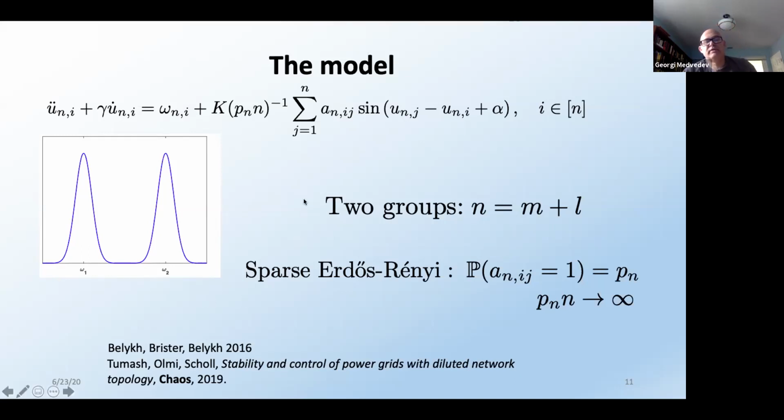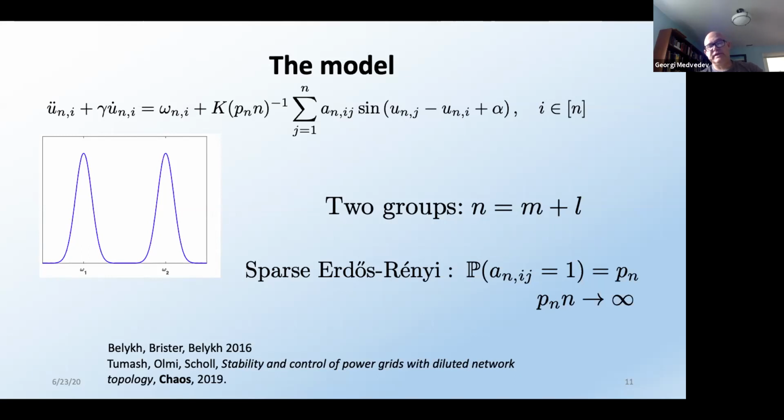The last feature of our setting is the connectivity. In our previous work on the original Kuramoto model, we developed methods for studying the Kuramoto model on various graphs, including random graphs. Everything that I will talk about can be applied to models with non-trivial connectivity.